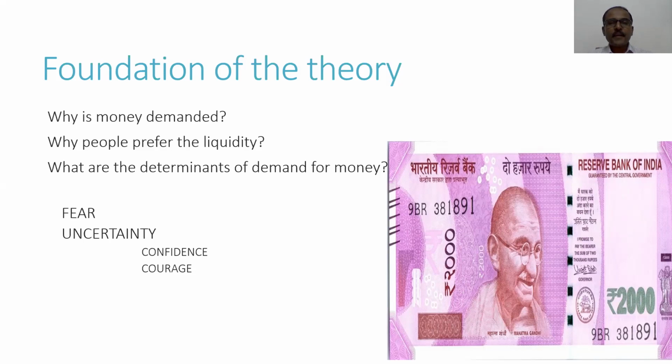So friends, it is very unique to answer these three questions. Why is money demanded? You will say to buy goods. Why do people prefer liquidity? You can say to meet their challenges or to meet their requirements. And what are the determinants of the demand for money? One may demand more money, one may demand not that much money, or a little less of that.